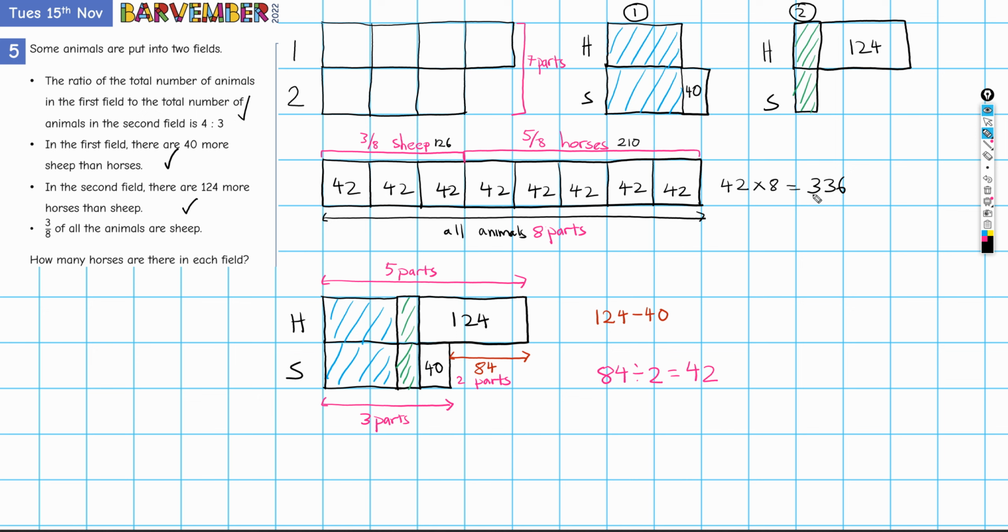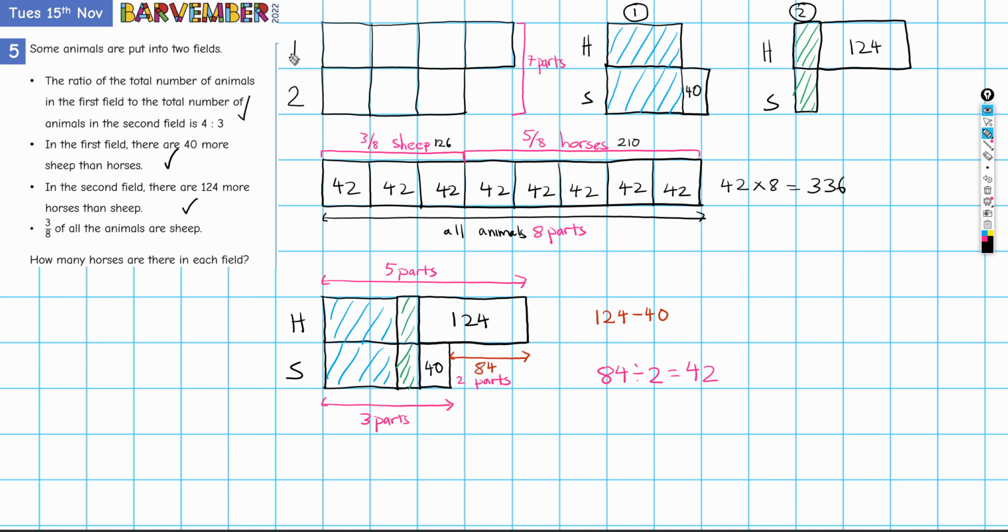Okay. Does this help us? Well, yes, it does. Because it doesn't immediately help us knowing how many sheep and horses there are, because we just don't have enough information here just to do with sheep.